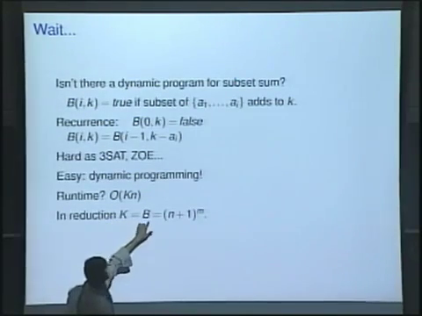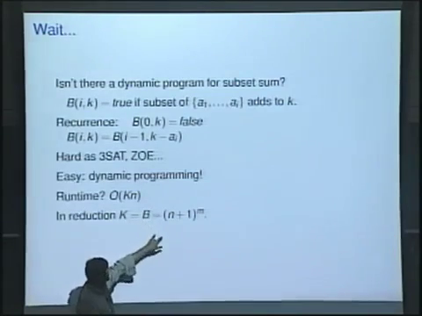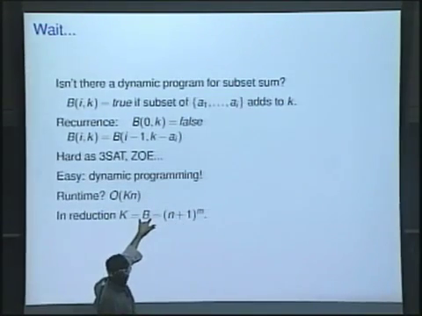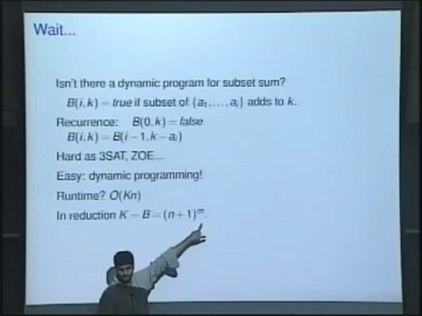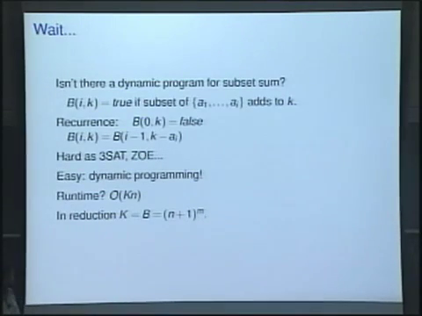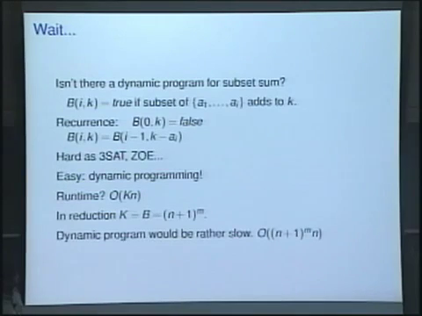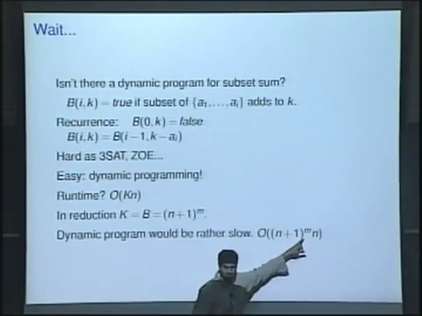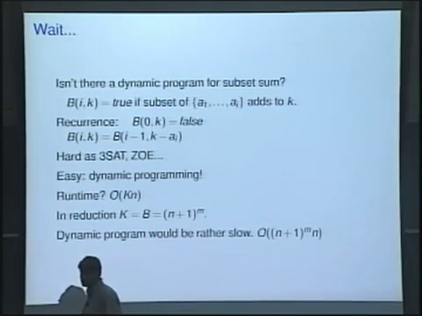K is for example, this number b, which is n plus 1 to the m. So now if you plug in this dynamic programming solution, using, say, subset sum to solve 0-1 equality, you get a running time bound of this, which is exponential, right? It's very large.